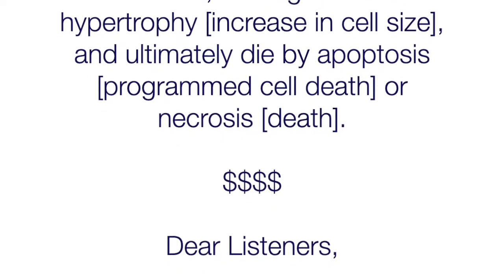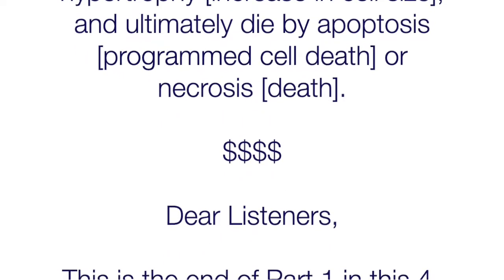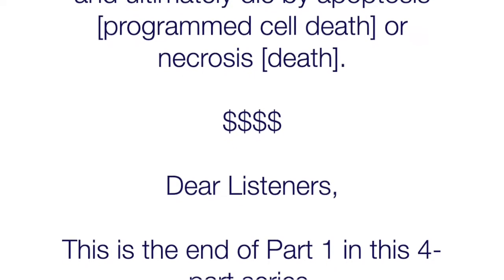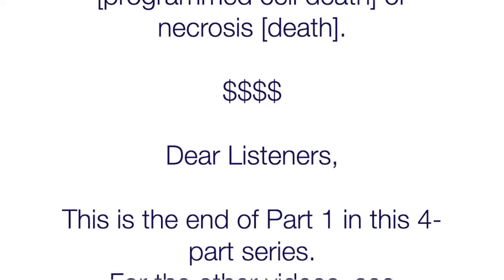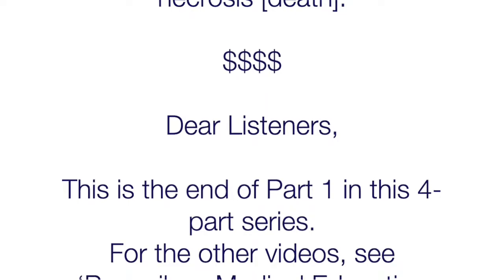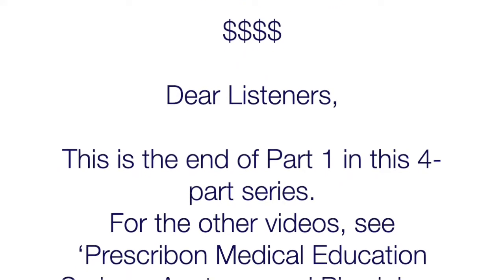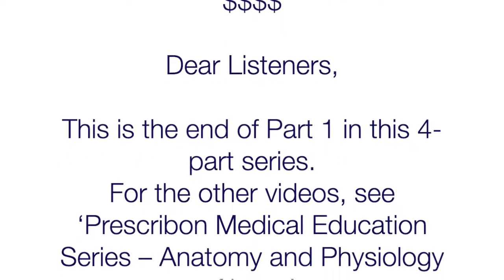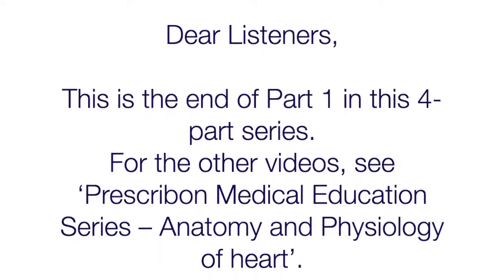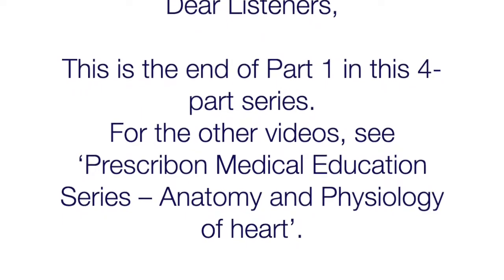Even though cardiac cells are unable to proliferate, they can perform their physiological functions, undergo cellular hypertrophy, that is increase in cell size, and ultimately die by apoptosis, that is programmed cell death, or necrosis, that is death.